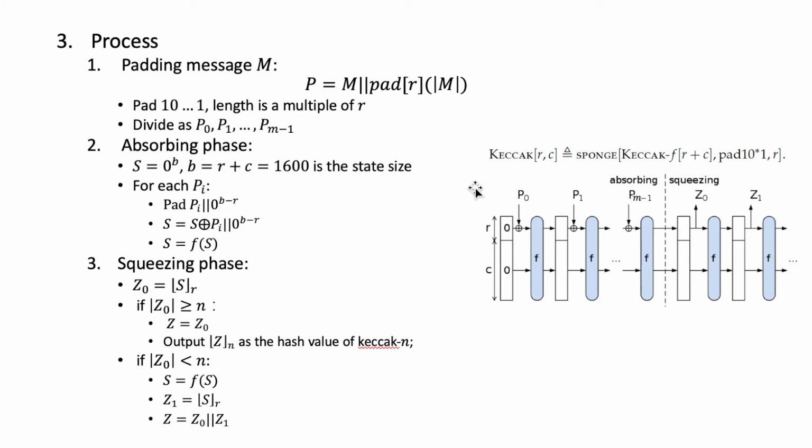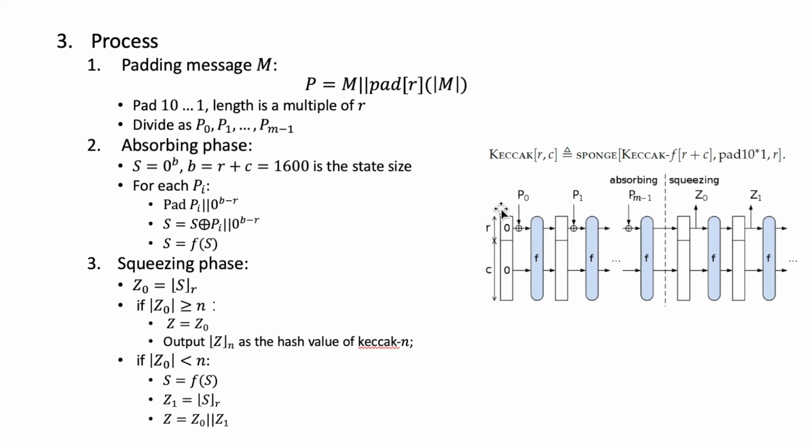Then we enter the absorbing phase to process these message blocks. First we need a state S, and we initialize it as b bits of zeros, where b is equal to R plus C. By default it is equal to 1600, and we denote it as the state size.